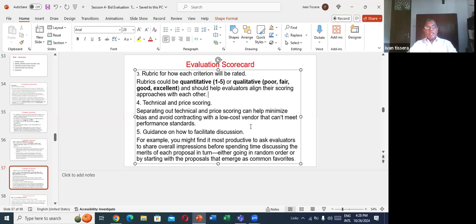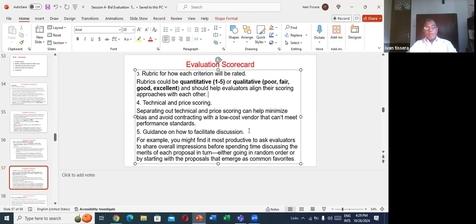Then, technical and pricing score. Separating technical and price scoring can help minimize bias and avoid contracting with a low-cost vendor that can't meet performance standards. Guidance on how to facilitate discussion.